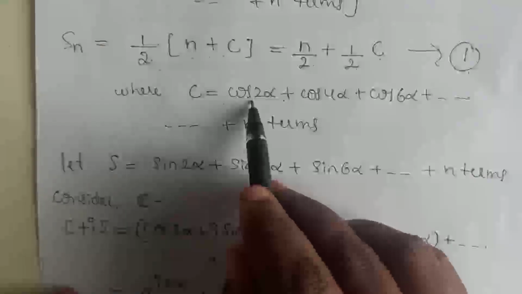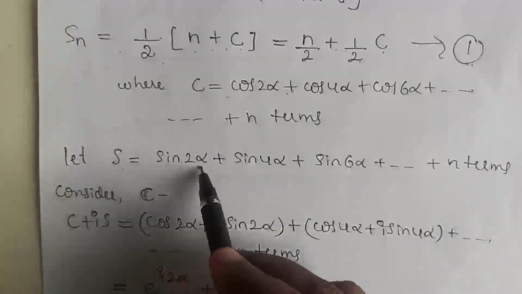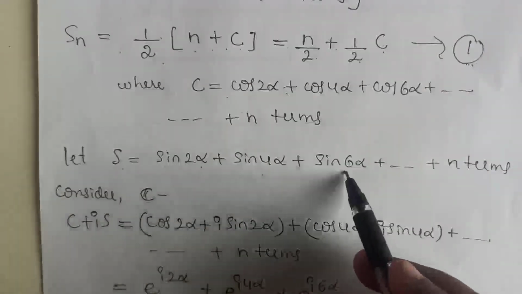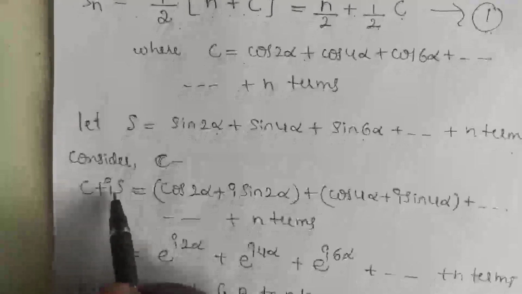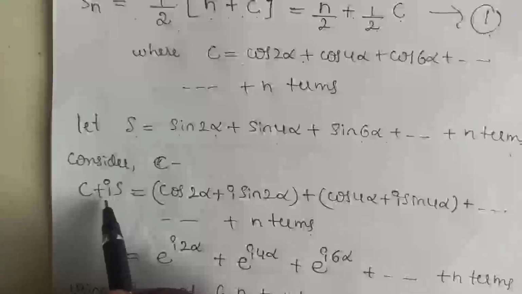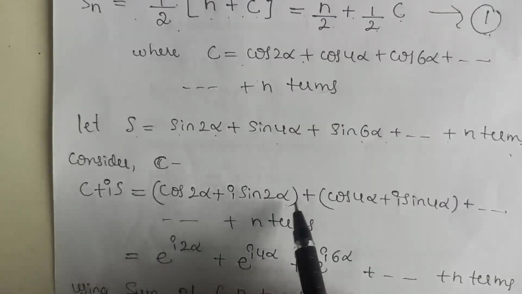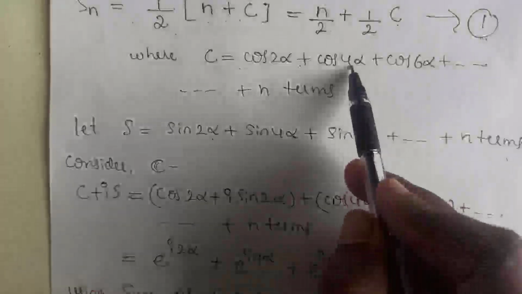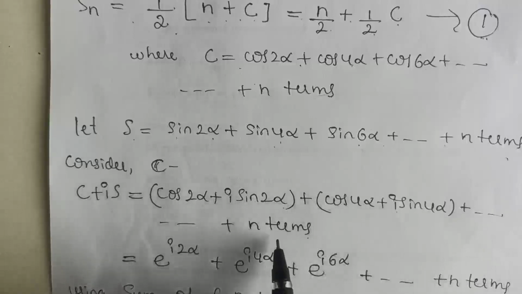Okay, so we have the cos series, this one, cos 2 alpha. According to this one we write the sine series, that is let S equal sine 2 alpha, sine 4 alpha, sine 6 alpha up to n terms. Again we use this method only. By considering this method we get cos 2 alpha plus i sin 2 alpha on one side, cos 4 alpha plus i sin 4 alpha on one side, and so on up to n terms.